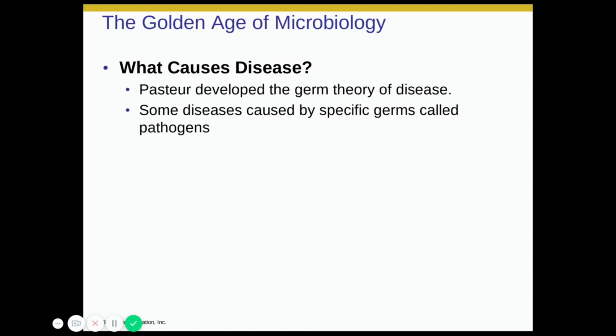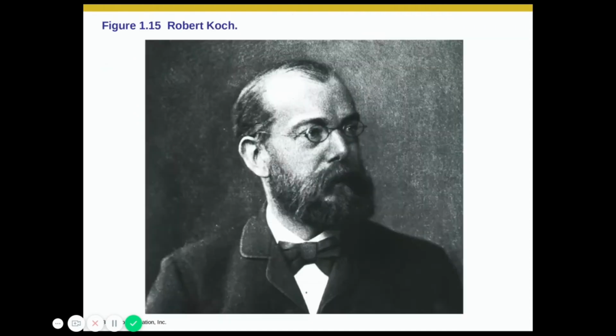So these pathogens are the things that are causing diseases. Like if I asked you, what causes AIDS? Well, most people would say HIV. HIV leads to the condition that we know as AIDS. But how would you figure that out? Like, how would you figure that out if someone didn't tell you?